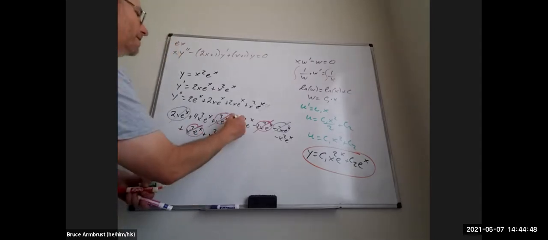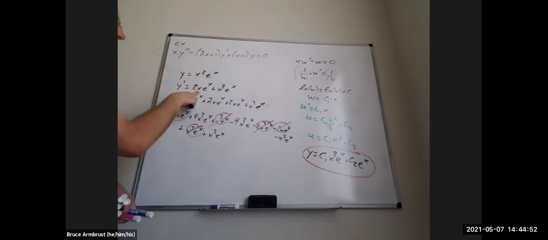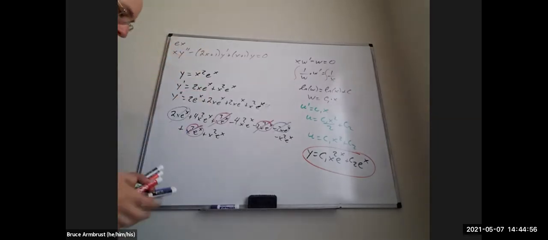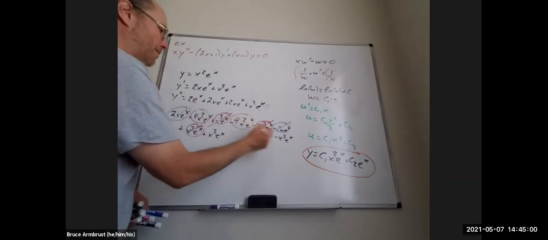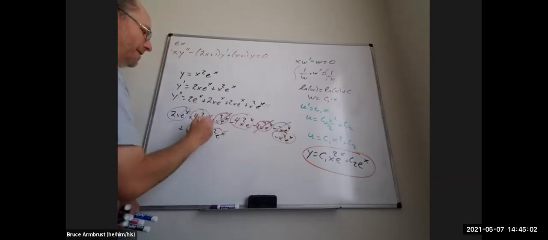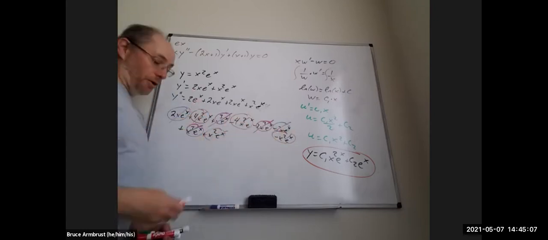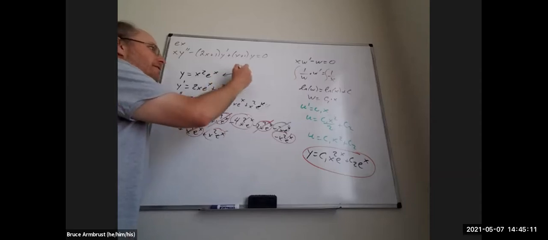This one should be a 4 because it was 2x times 2x. So anyway, my point is, if you look at the x squared, it's 4 minus 1 plus 1. Those all go away.